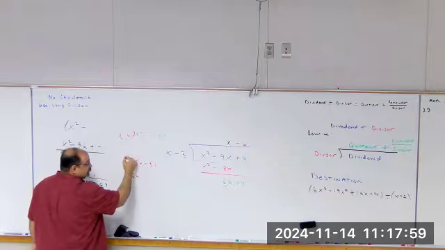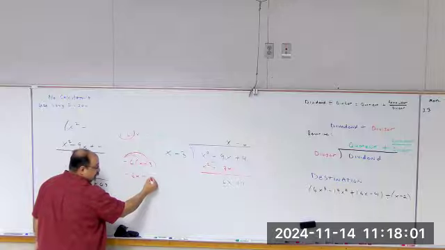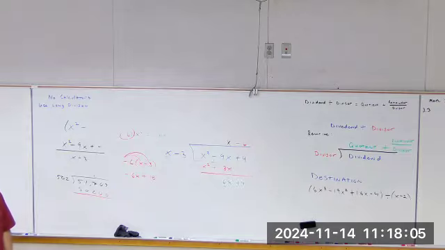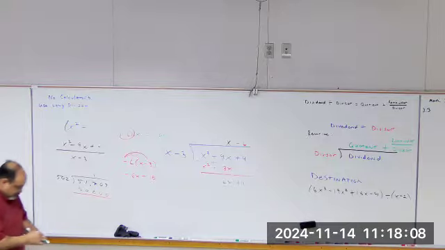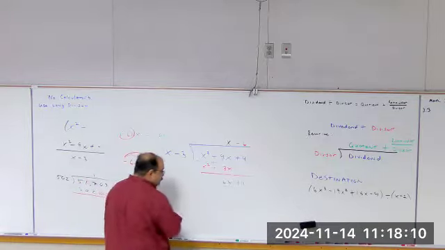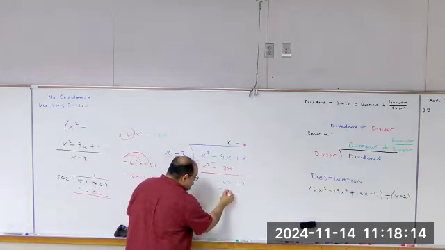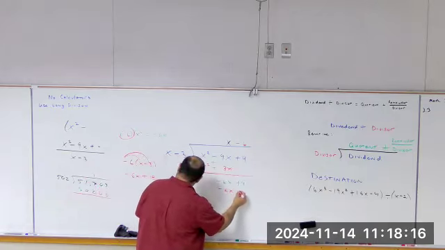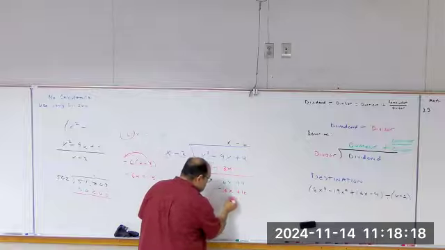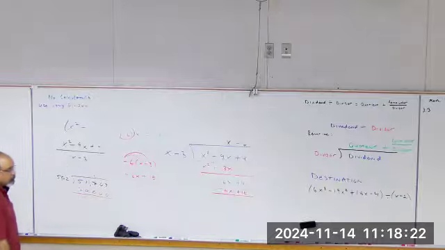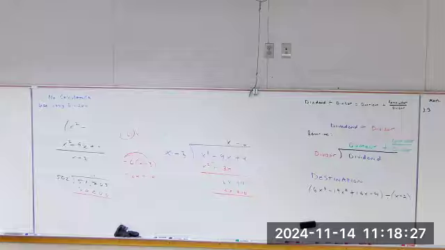Negative 6 times negative 3, that is our sign there, positive 18. This is now negative 6x plus 18. Any questions up to there?